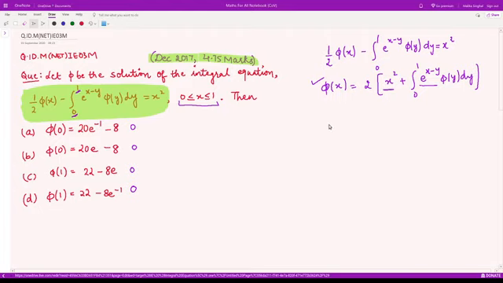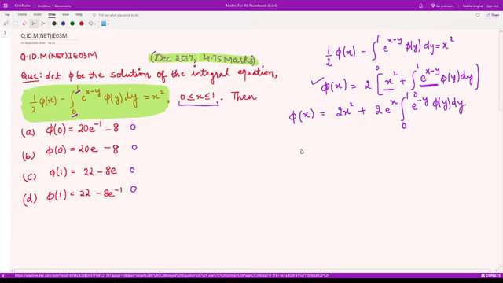So here we can see that this kernel is in the separable form, right? So we can write this as 2x square, and here we can write this as 2 e to the power x common because it does not contain y term, and then I could write this as integration from 0 to 1 e to the power minus y phi of y dy, right?